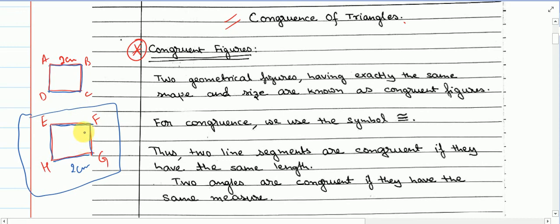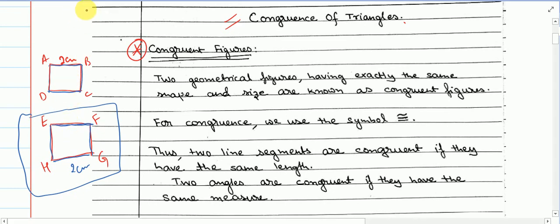So its superposition is done, exactly overlapping. In that case these two squares are called congruent.